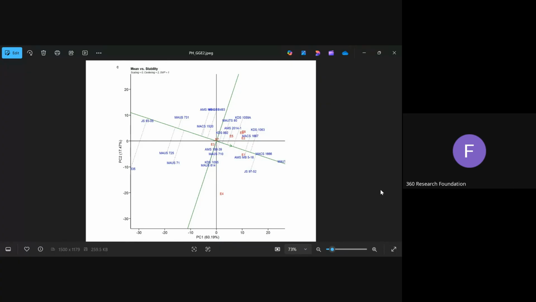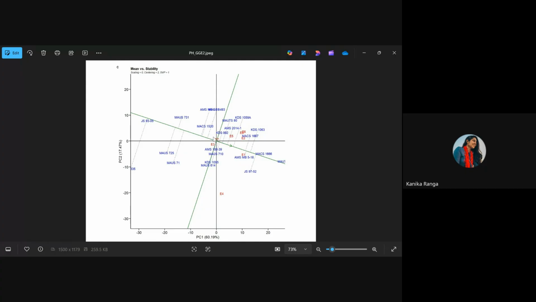Regarding stability, mean performance we have seen, one side is completed, now stability. Now see this 139. What is your opinion about 139 and KDS 992?